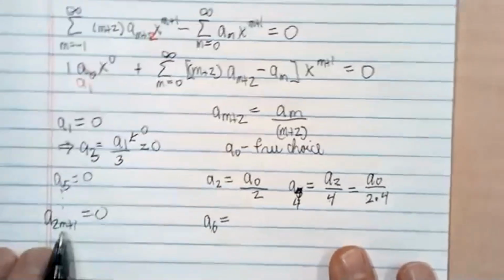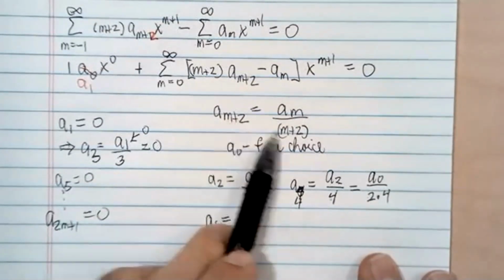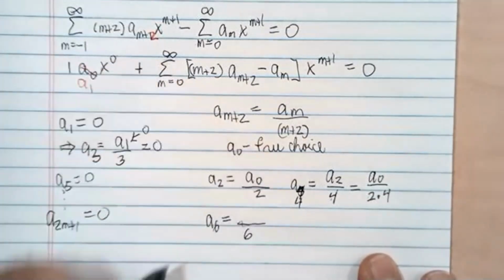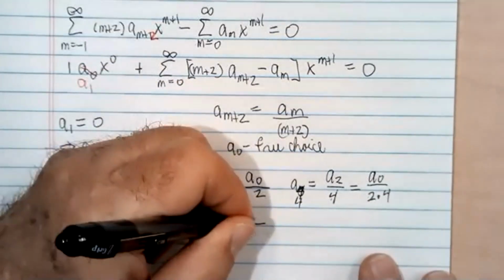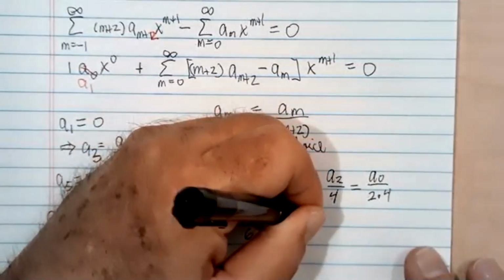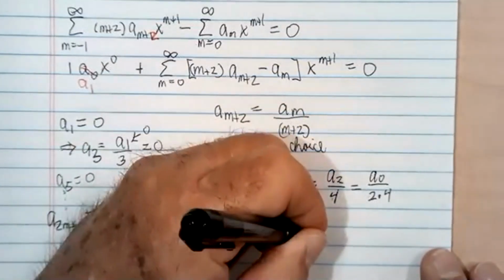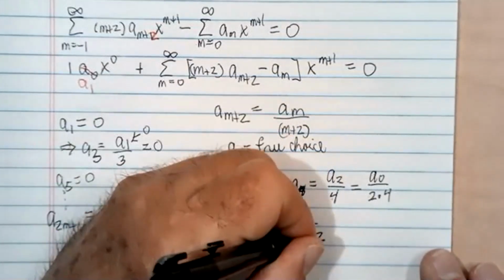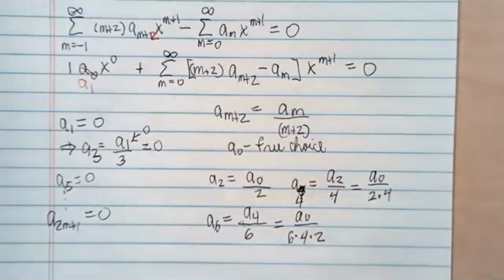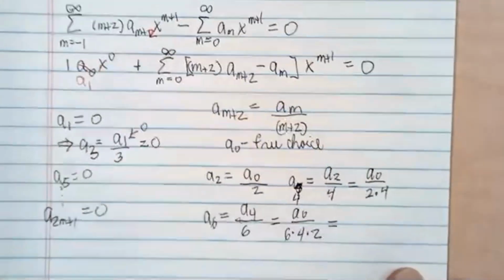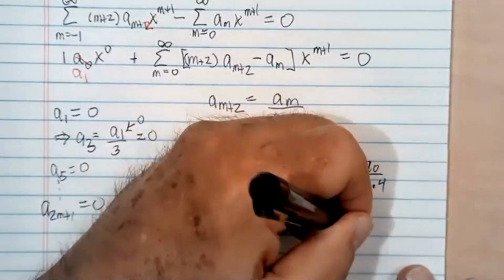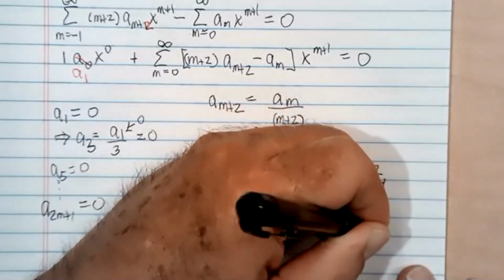a6, well, this subscript and that factor agree. So we're going to have a 6 down here, and then we'll have an a4 on the top. But a4 is known. a4 is a0 over, reading from right to left, 2, 4, and now I've got a 6. And at this point, you probably have noticed that if you took a 2 out of this, this, and this, you'd have 2 cubed times 3 factorial.